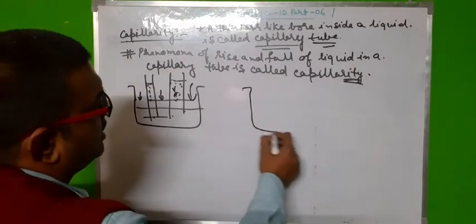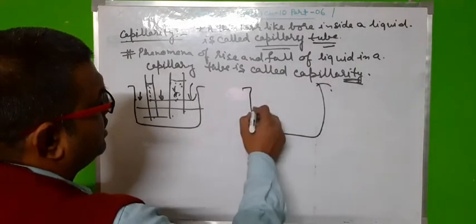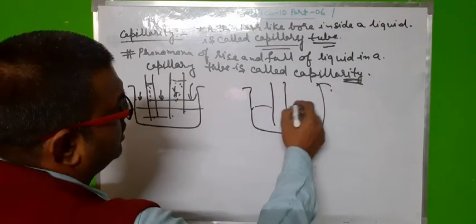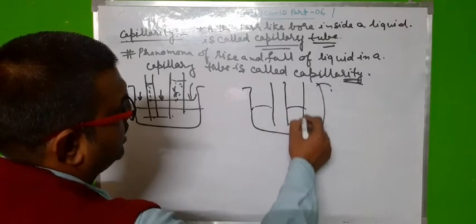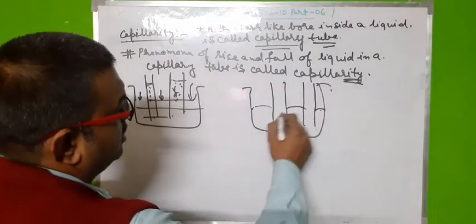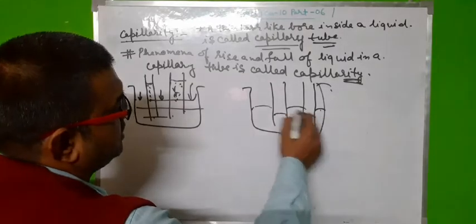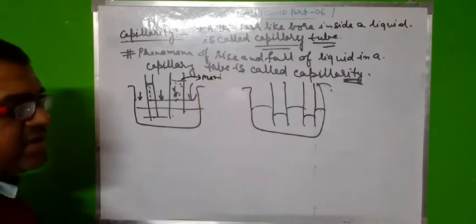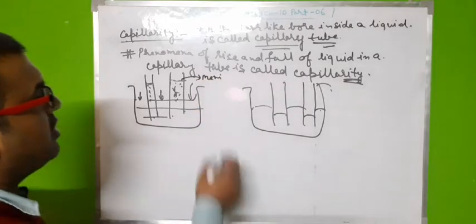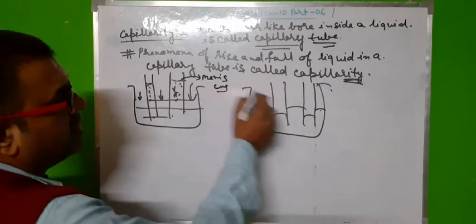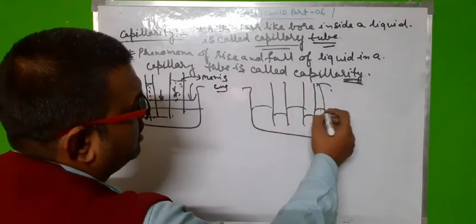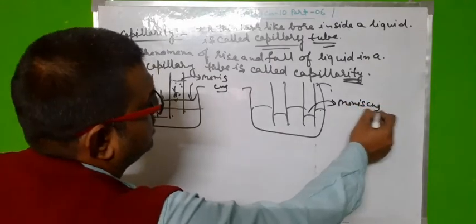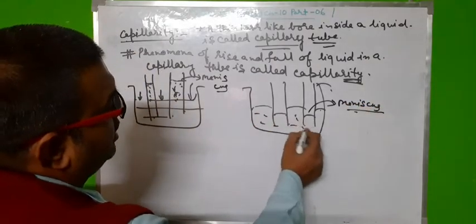Suppose there is another container, and in this container mercury is kept. So we will see, this is called the meniscus. The shape of the liquid inside the capillary tube is called the meniscus. And this is water.